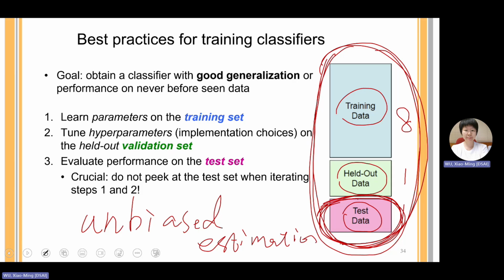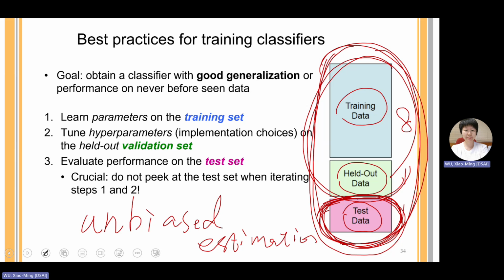What does it mean? The test data should not be used in training. You should not use any test data for training or validation. You treat the test data as if you have never seen them.